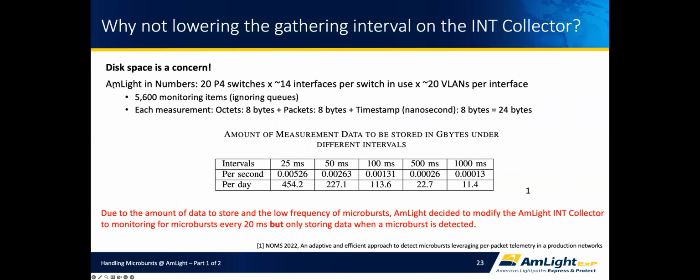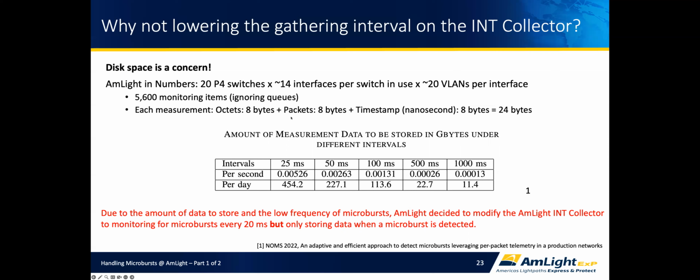If you look at the MLID numbers, we have 20 switches, approximately 14 interfaces per switch in use, and approximately 20 VLANs per interface. If you multiply those, it's 5,600 monitoring items. Each one of those, you have to monitor for incoming traffic, outgoing traffic, errors, pause, and everything else, right?